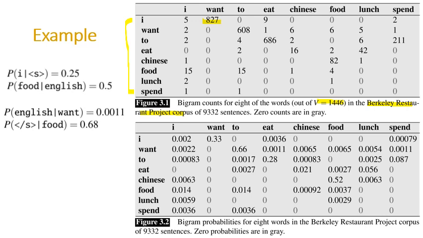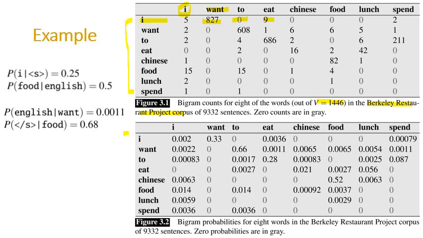It means that in that corpus we can count that the word "I" is followed by the word "want" 827 times. The word "I" is never followed by the word "to", so this value is 0 here. And this value is 9 because the word "I" is followed by the word "eat" 9 times in the corpus. So here you just compute the frequency of the word in the row followed by the word in the column.